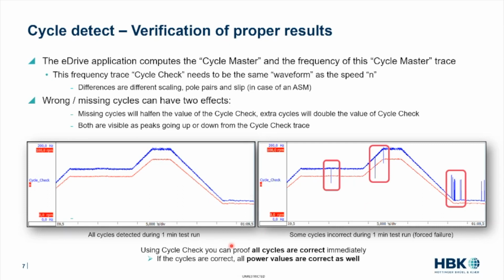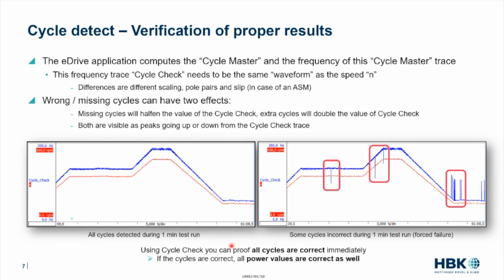And if you look at the math, once you can prove that you have all the cycles detected properly, the rest of the power calculation is just plain math. There is no more room for error in the rest.